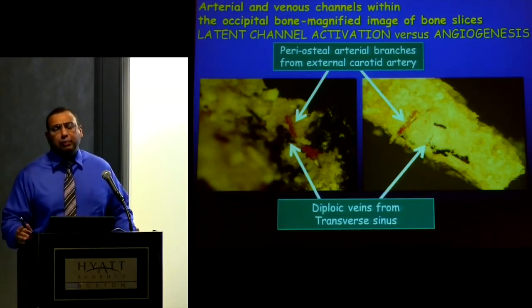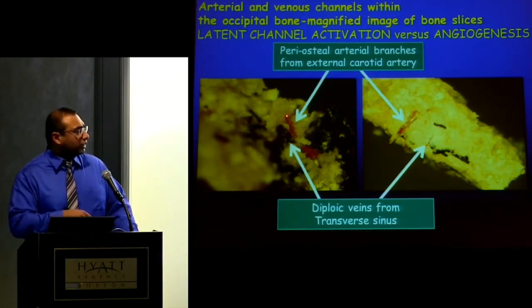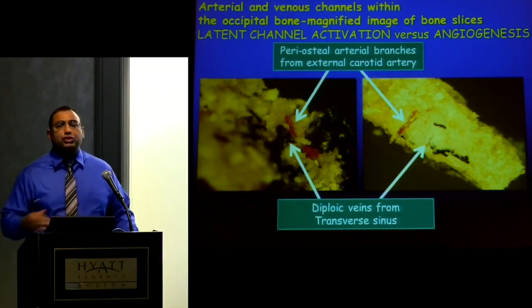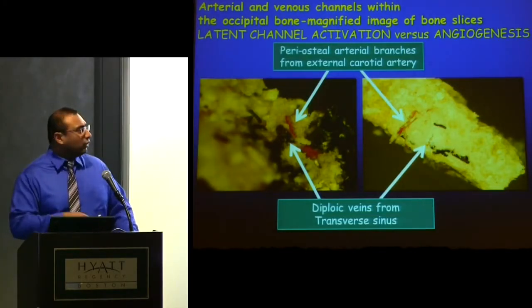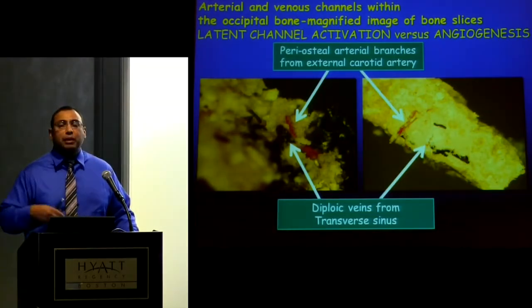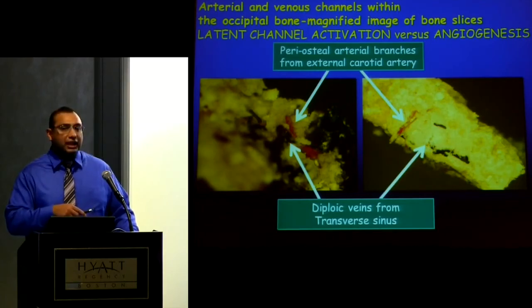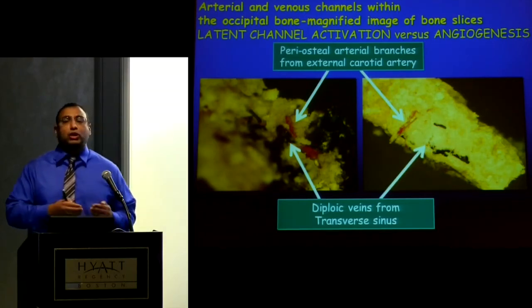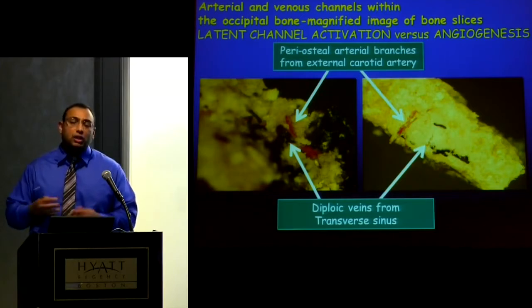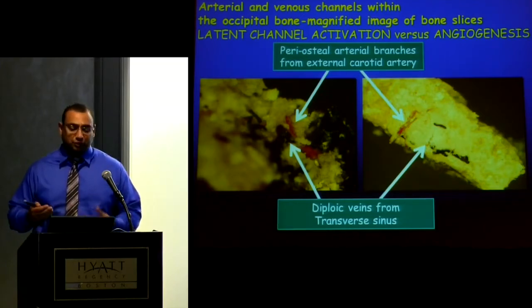These are usually the diploic veins that originate from the transverse sinus and sometimes the sigmoid sinus. What is not known is whether, in the event of a stenosis or occlusion, these channels become activated or these diploic veins simply undergo angiogenesis that allows these collaterals to connect the sinuses to the external venous drainage systems.